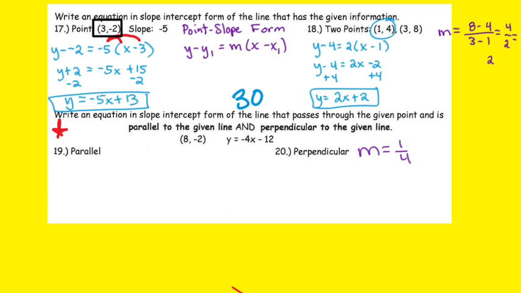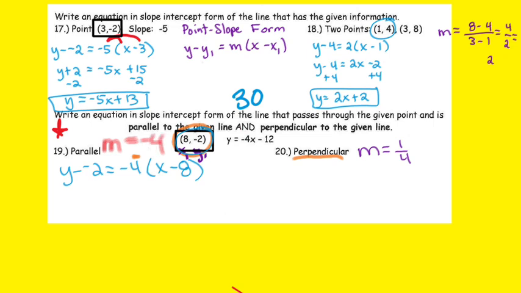So I know that if it's parallel, it has the same slope. And if it's perpendicular, it's the opposite reciprocal, so from -4 to +1/4. The equations look the same after that. It's just a different slope.